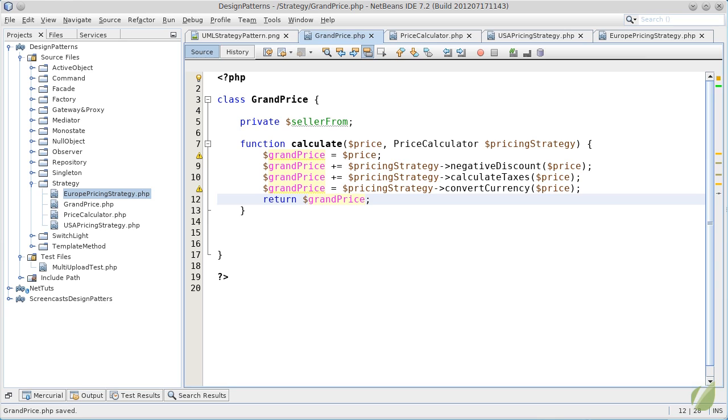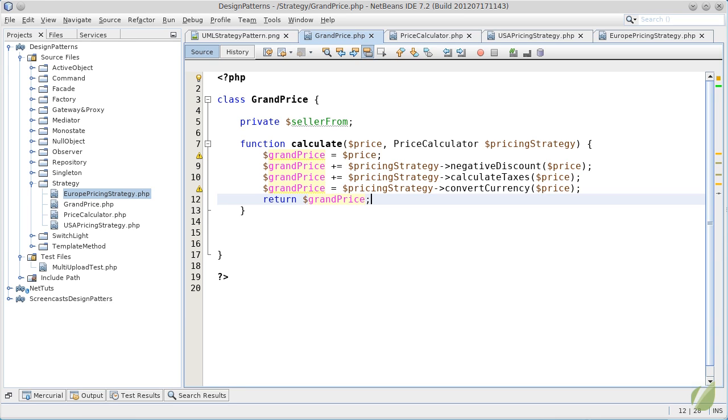As you can see, this logic made our class much more simple, and if from the exterior someone wishes to calculate a price, it will simply provide the price calculator strategy to which the user belongs. It is no longer the responsibility of the grant price to guess what to do with a user based on its location.